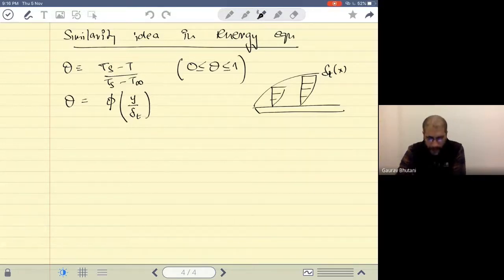So this theta goes from 0 to 1, something like this. This theta is a function purely of y upon delta t. If I was to stand in the middle of these vertical lines, then I would get theta exactly as 0.5, because y upon delta t is exactly 0.5. This is how we use the idea of similarity in the temperature boundary layer. And remember, this y upon delta t we've been calling eta. So we call this eta again.